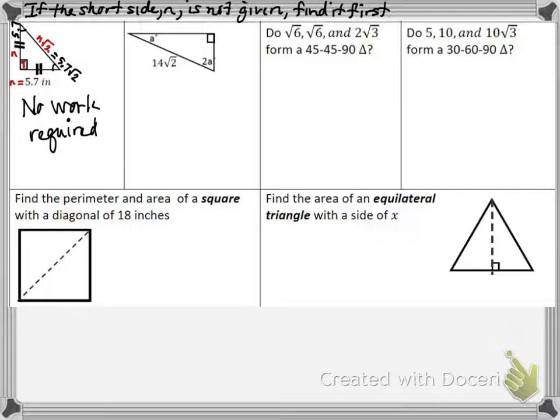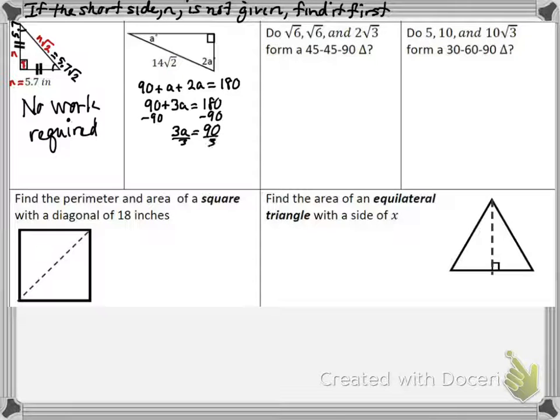I know that 90 plus A plus 2A, again, this is not required work, equals 180 degrees. So now I have 90 plus 3A equals 180 degrees. I want the A's by itself, so I'll subtract 90. 3A equals 90.